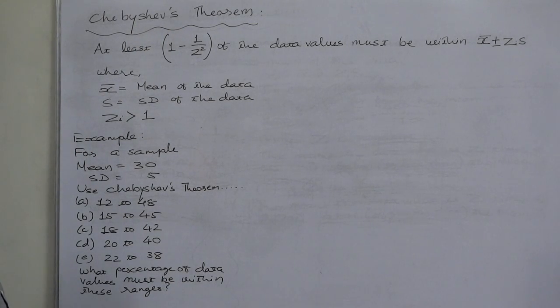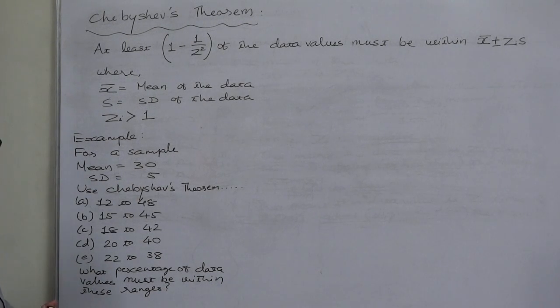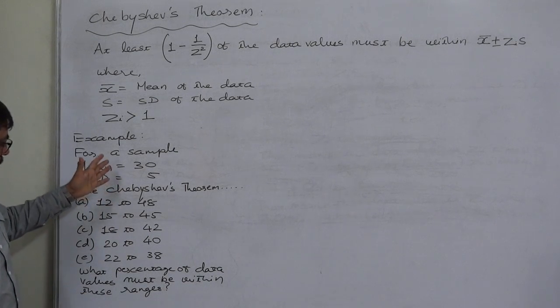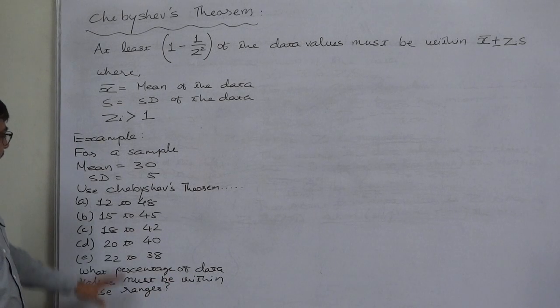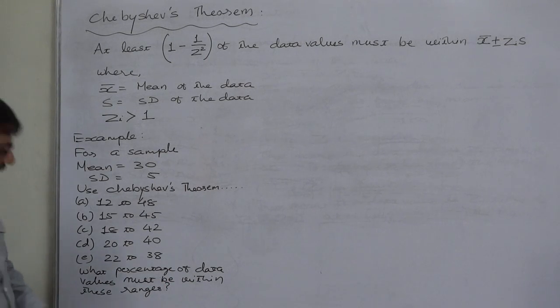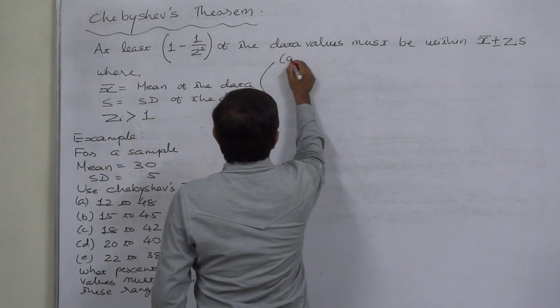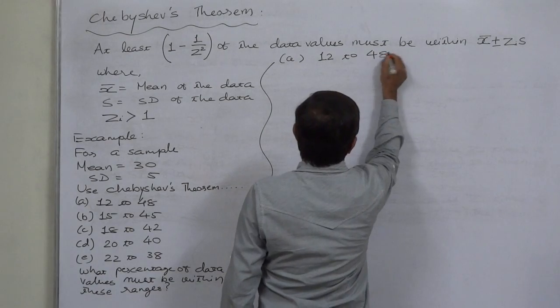Now let us take an example. For a sample, the mean is 30 and standard deviation 5. We require to use Chebyshev's theorem to get the percentage of the data values which must be within these ranges. Let us take the first range. The range is 12 to 48.